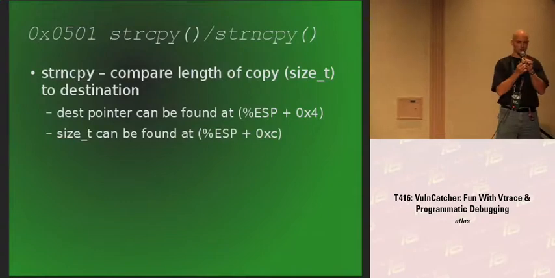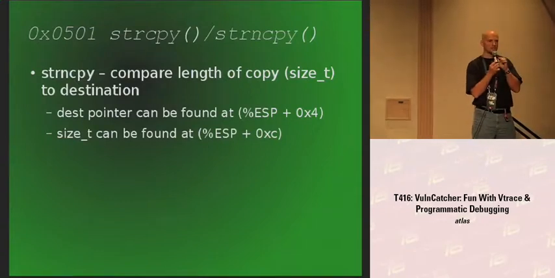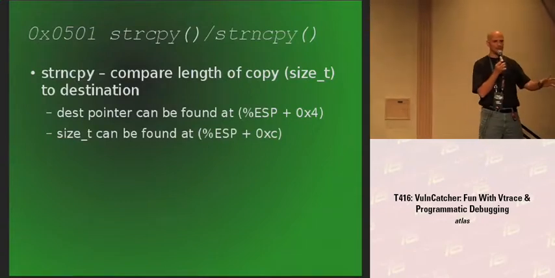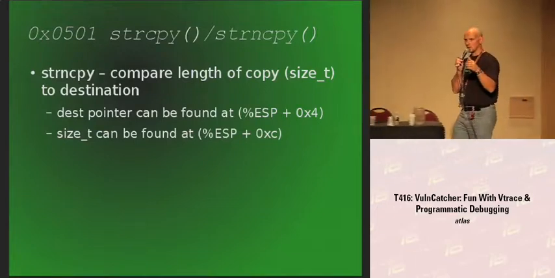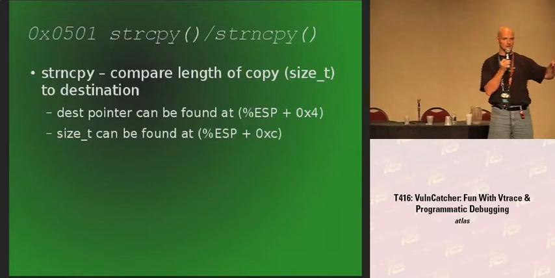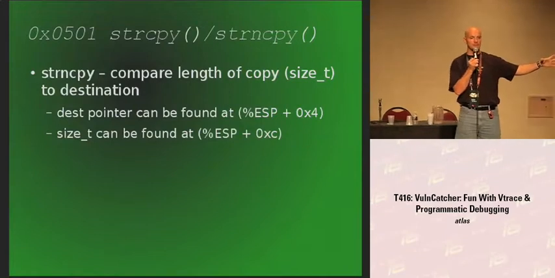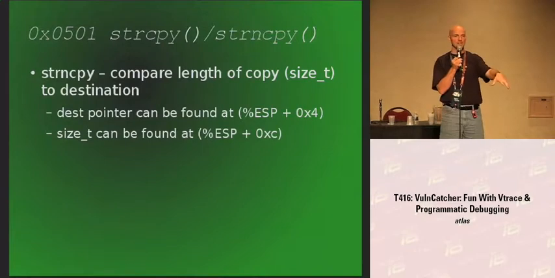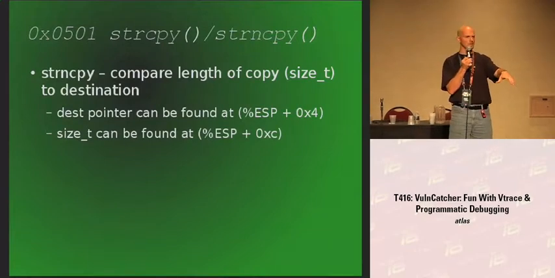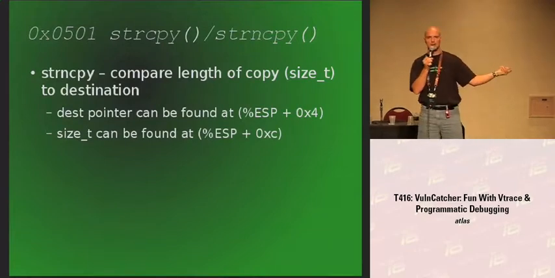Now, why is that important? Because the fact that my source string is only 5 bytes long and I'm copying into a 20-byte buffer doesn't matter. It means you missed a vulnerability that time. Not a problem, right? What about the next time? What if that string grows without bounds?